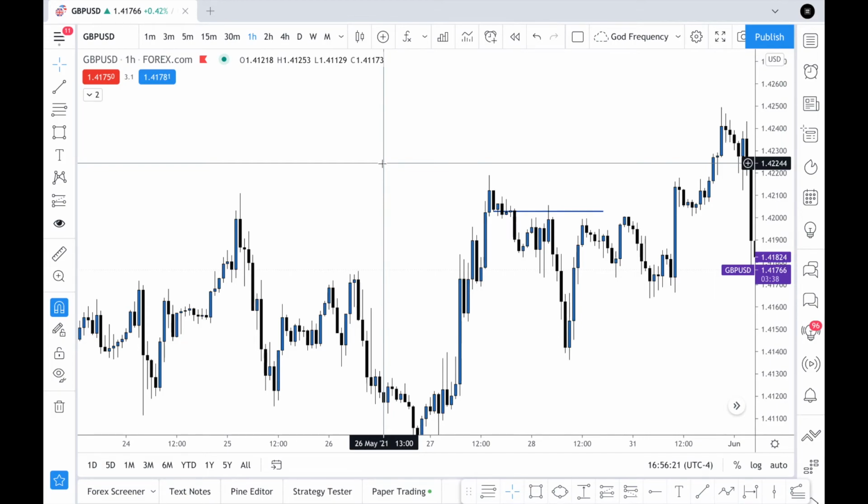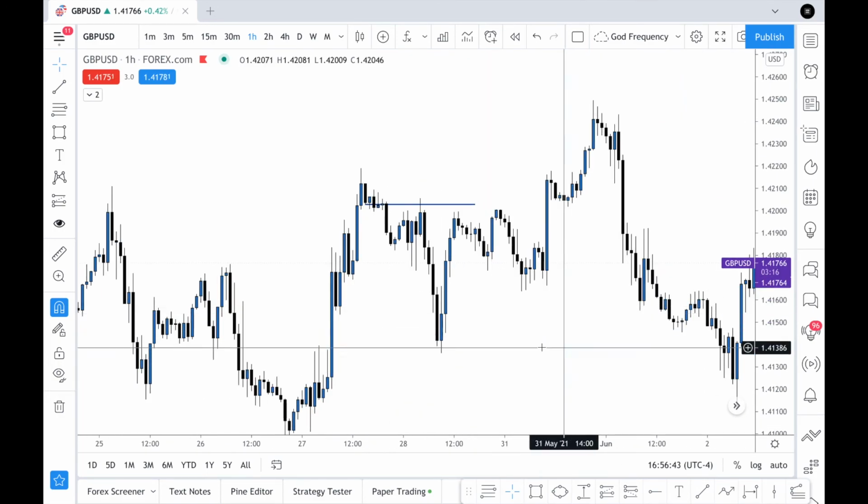So I would definitely task you guys to go into your charts, go to your favorite currency pair, and go through every time frame: the weekly, the monthly, the daily, the hourly, 15 minute, the 5 minute, the 1 minute. You're gonna start to see a lot more order blocks.